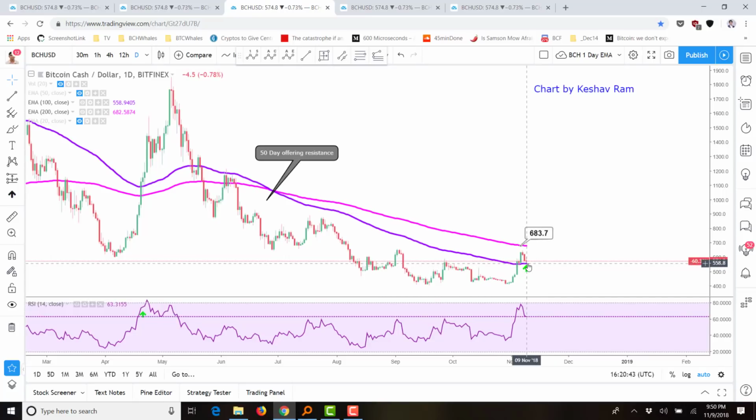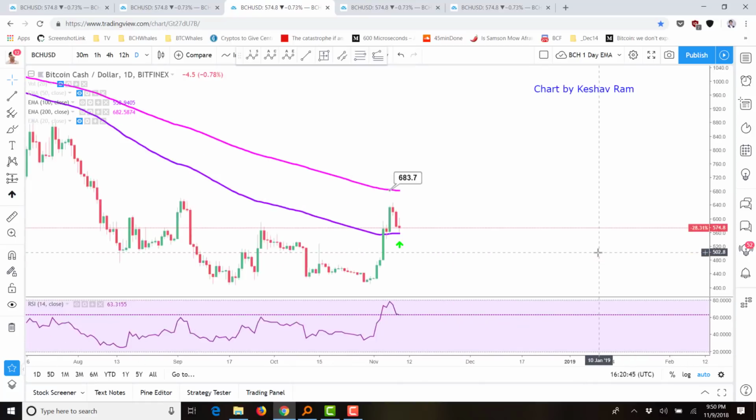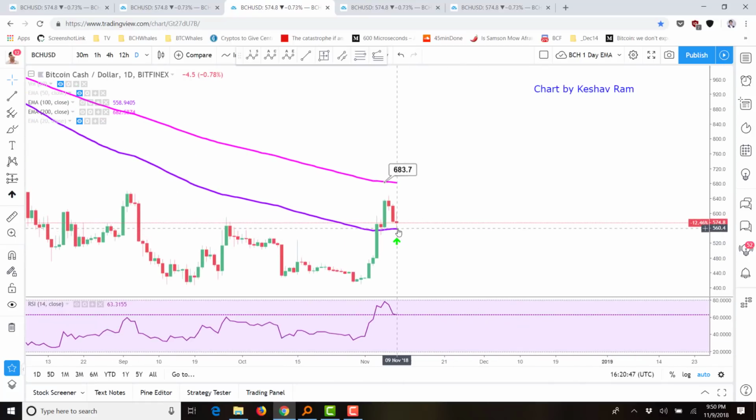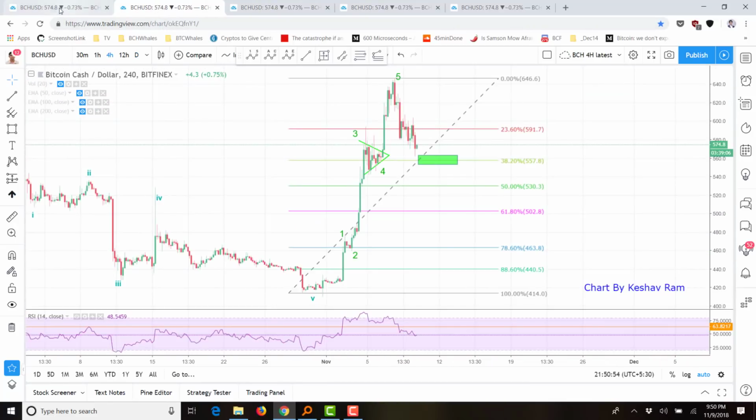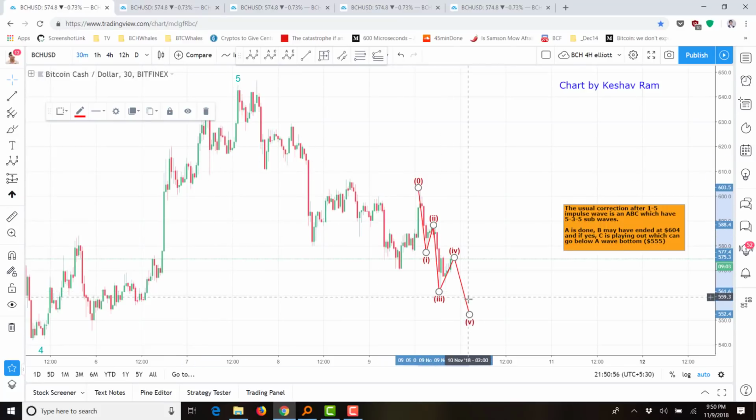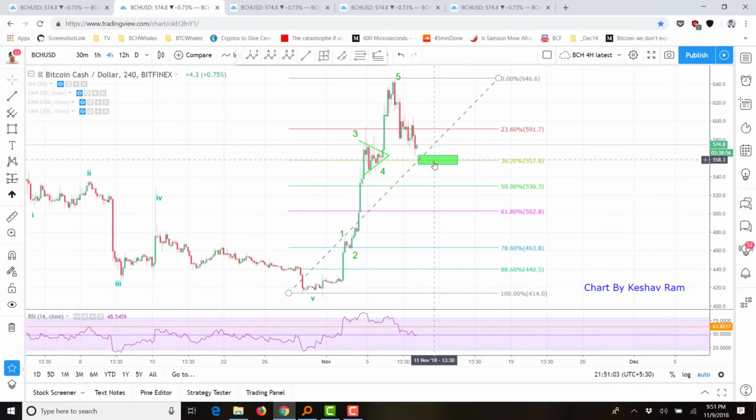And you can see that the price is now bouncing there. It has hit that purple line here and it has bounced up. So I'm thinking that we are close to the end of this correction. I would definitely start taking longs in this box. You can either start doing that now or wait to see if there is a bounce at this level, and then with some confirmation you can start taking some longs.